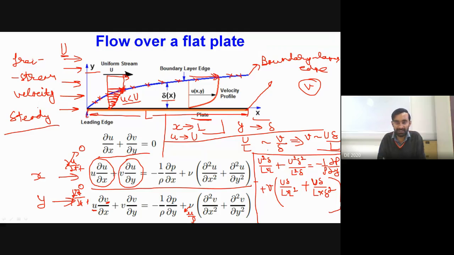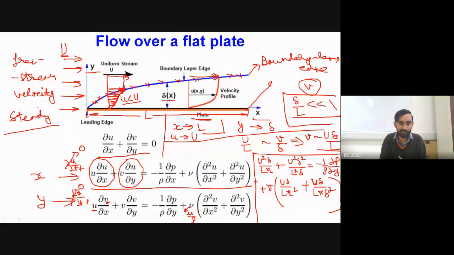You can see over here that this delta is the thickness of the boundary layer at different locations along the length of the plate, and geometrically or physically, delta by L is very small in comparison to 1. So wherever we find delta by L in our equation, those terms will be small.